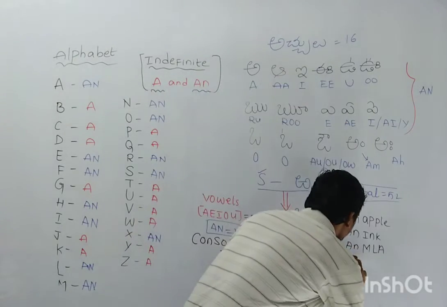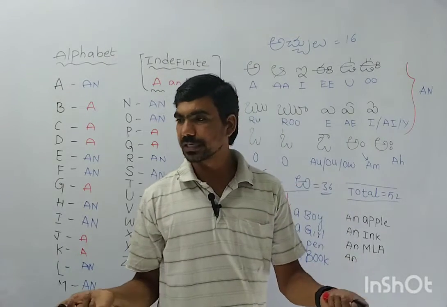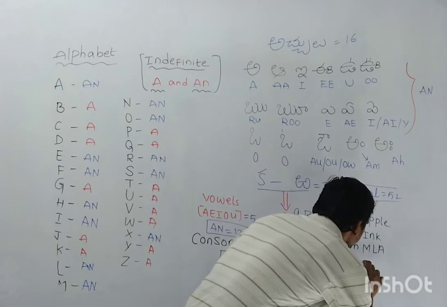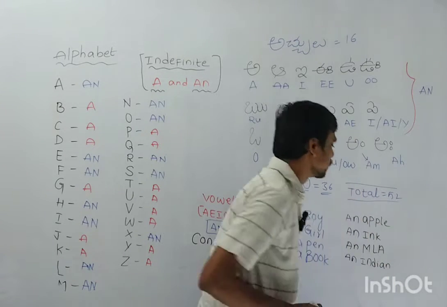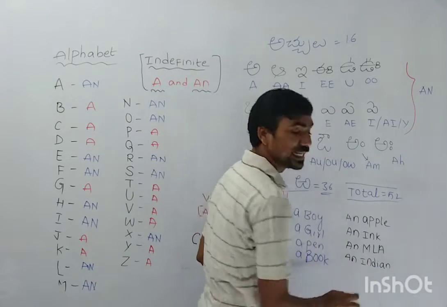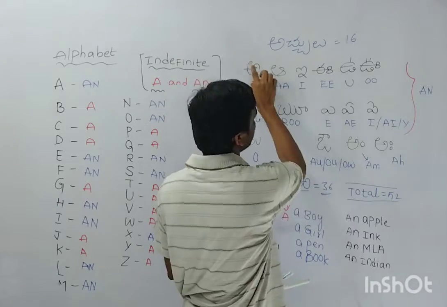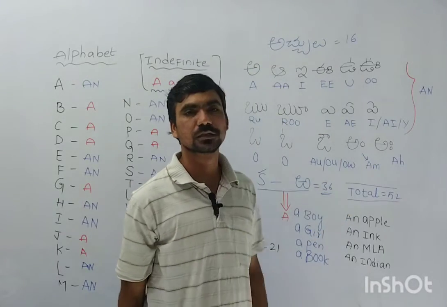I am going to write one more: an Indian, an American. Indian has an i sound, so an Indian.